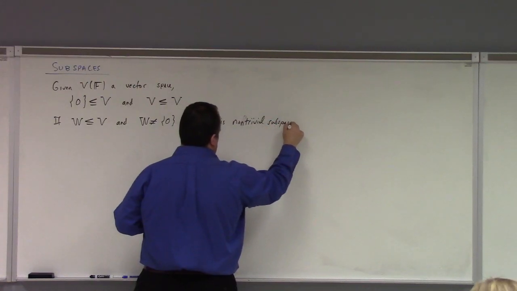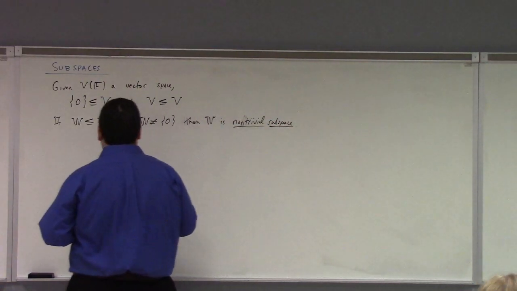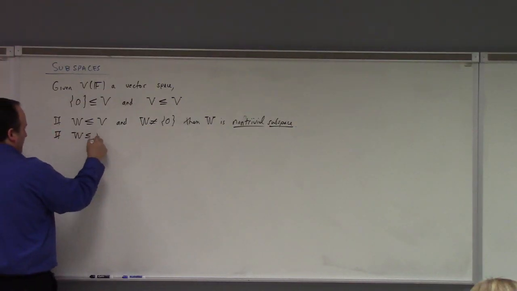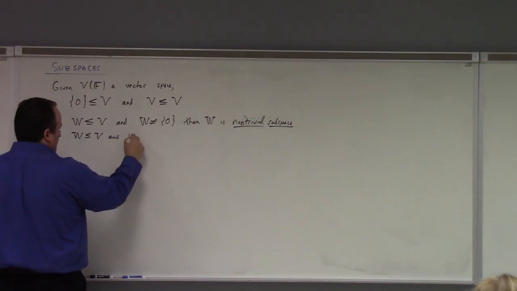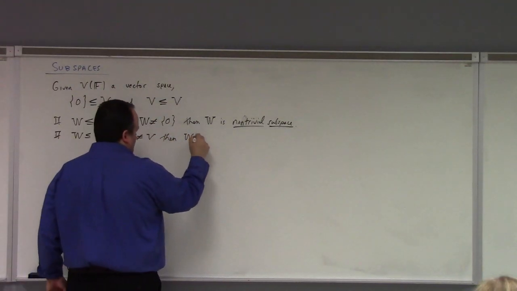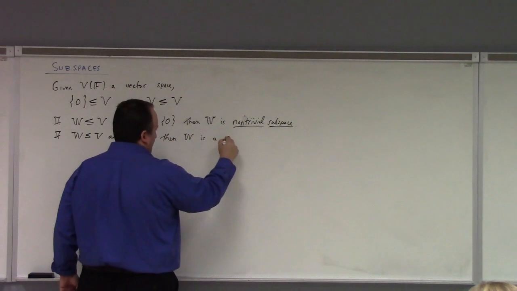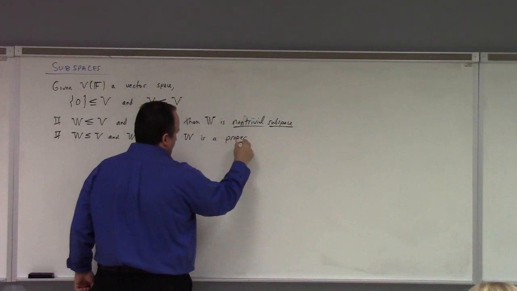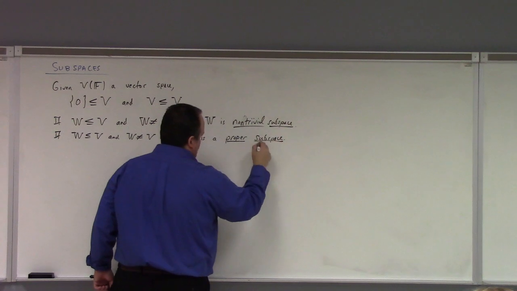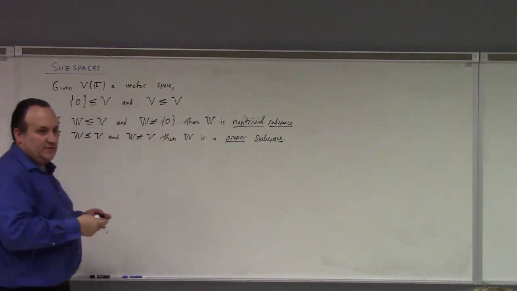This is a little language we should make sure we're on the same page about. If W is a subspace of V and W is not equal to V, then W is a proper subspace. I sometimes use those terms without thinking, but that's what they mean, okay?